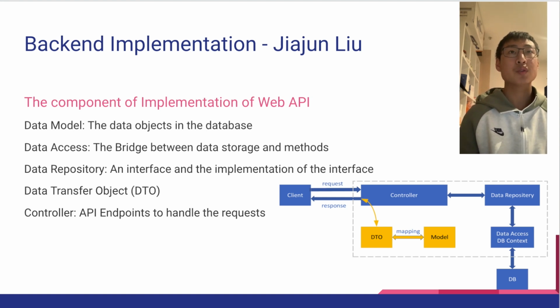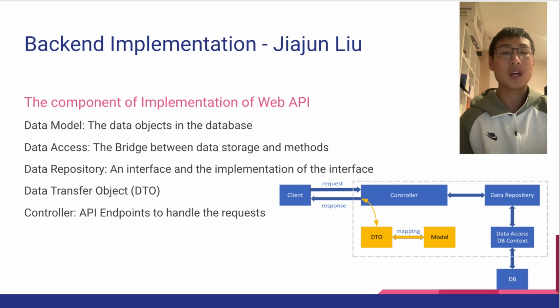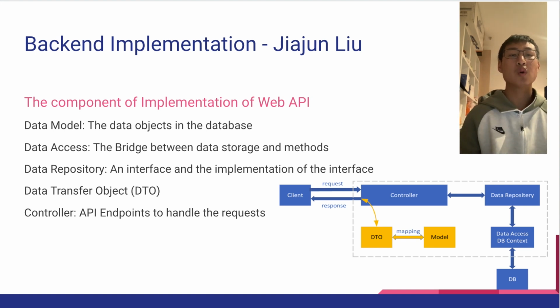It is also used to hide sensitive information from users, such as password. Finally, the controller is the component to create methods to handle the requests from the client and make responses.